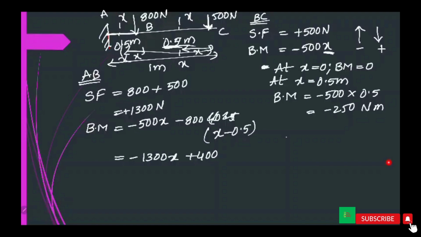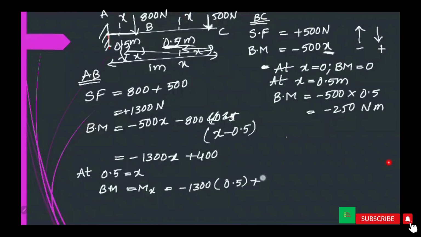At X equals 0.5, the minimum, what will be the bending moment? Minus 1300 into 0.5 plus 400, that equals minus 250 Newton meter.